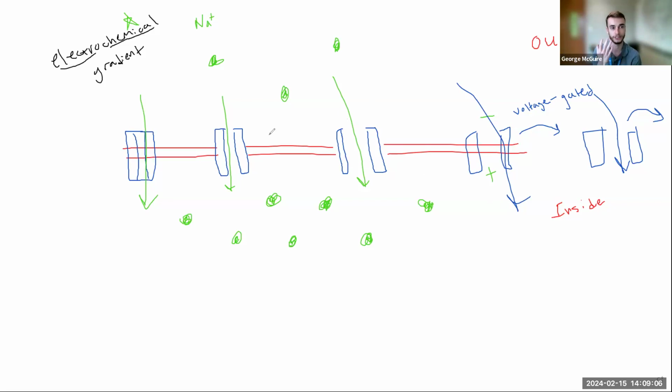So like in the case of muscles, it's going to cause an action potential down the sarcolemma of the muscle cell, which is going to end up releasing calcium into the muscle cell.